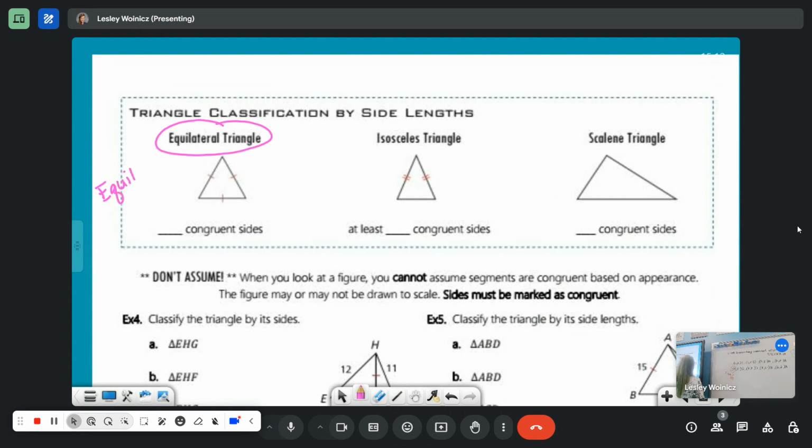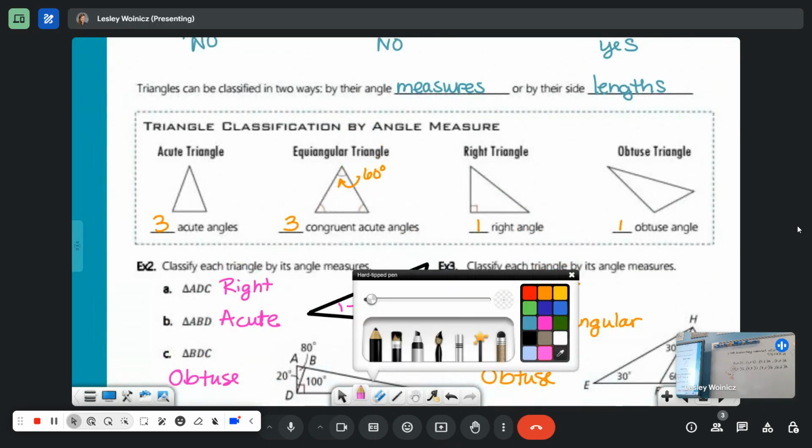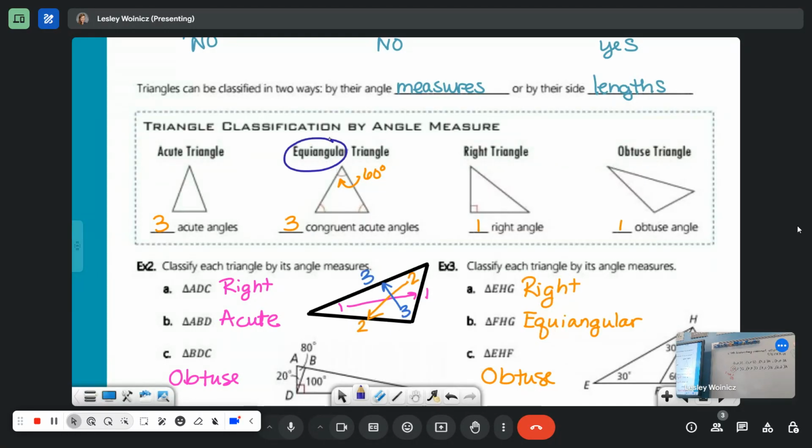I said the same word twice. Okay, so obviously there are 3 congruent sides. So if you want to go back and add that to your equiangular triangle, that it's also equilateral, that'd be a good idea.